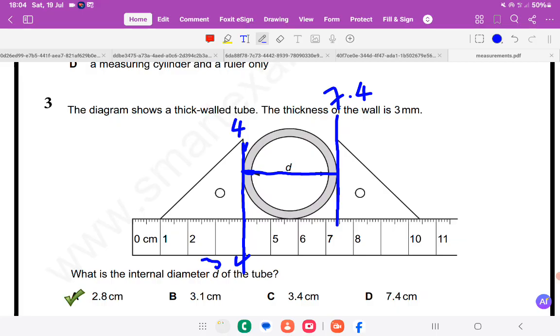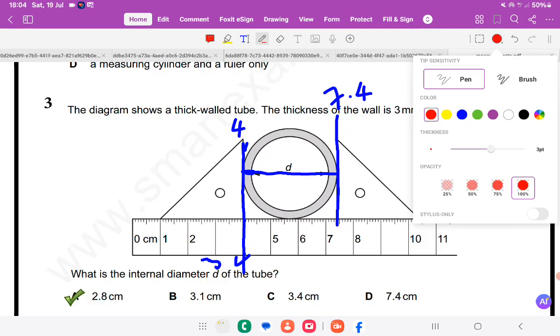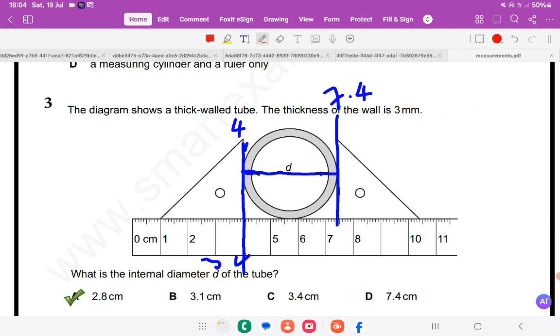the external diameter, or the distance from one end to the other, from this point to this point, is supposed to be 7.4 subtract 4, which is 3.4.